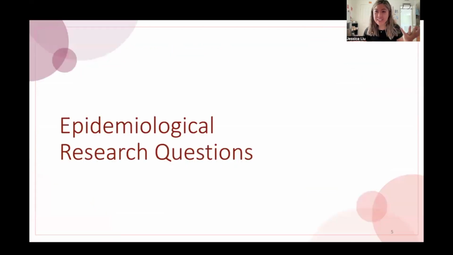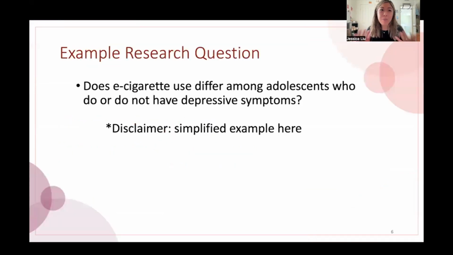So how does this then translate into the public health research that is then done? Here is an example research question that I pulled, and this is something that my mentee is working on. So I thought it would be a good example to carry us through this presentation today. An example of a research question that I oftentimes come up with is, does e-cigarette use differ among adolescents who do or do not have depressive symptoms?